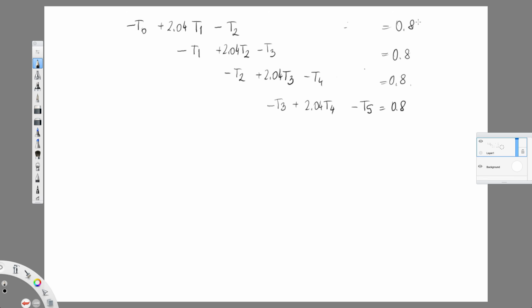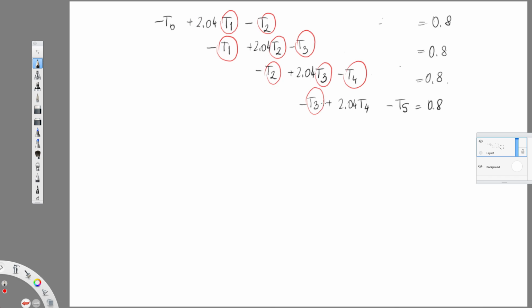This is a system of linear equations. What are the ones that we actually don't know? So those are the ones, we don't know 4 of them. And these are boundary conditions, right?